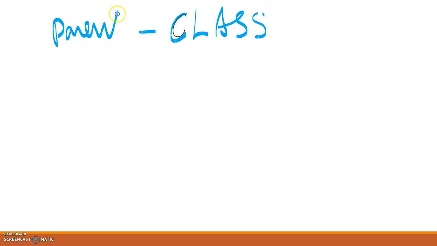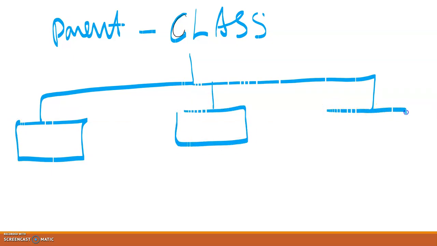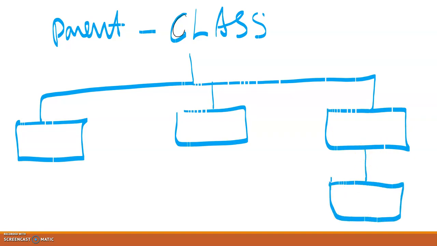First identify the class, that is your superclass or the parent class. This parent class may have multiple child classes, right? Multiple child classes. It might be possible that further they are divided into other subclasses, right?